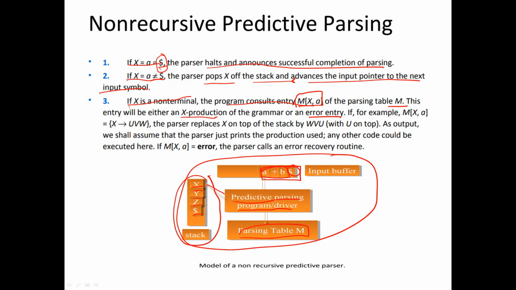If an element exists and is not dollar, then I pop X, then Y, then Z. If it is a dollar, then I stop. So these are the different ways to construct top-down parse trees.